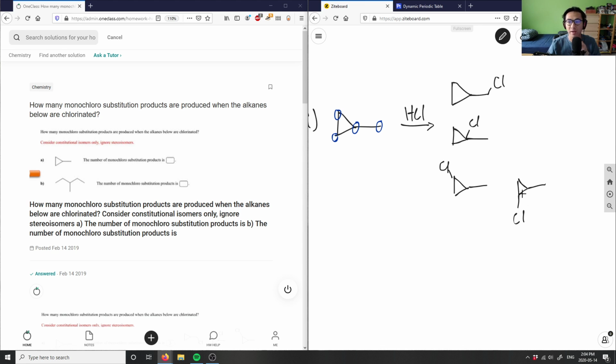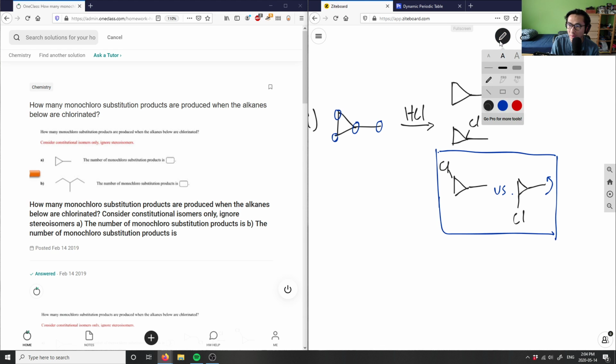If I look specifically at these two compounds here, they're actually the same compound. If I flip it this way, I would get the same compound back. So I can't count this as another compound.